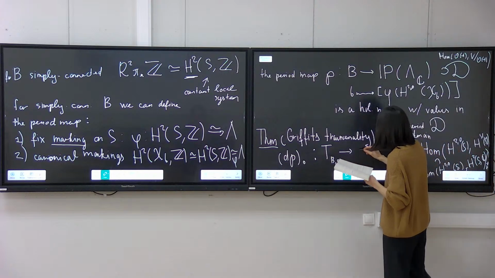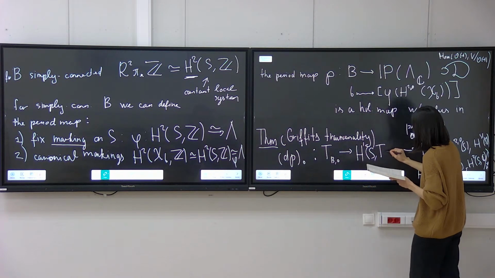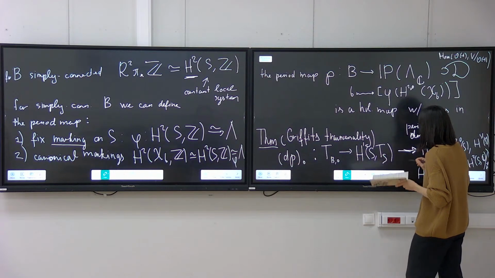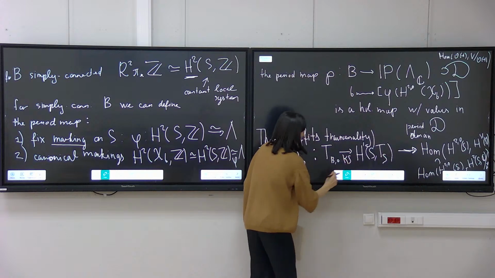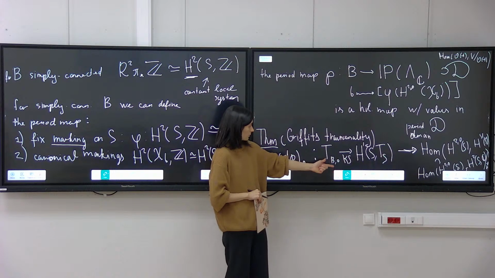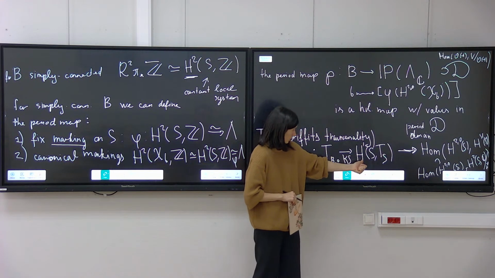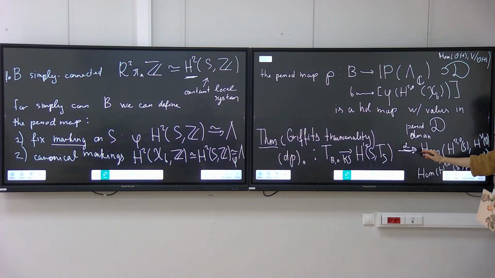So what does Griffiths transversality tell you? That the corresponding map factors through the following composition. So here is a Kodaira-Spencer map, okay? We discussed the Kodaira-Spencer map. Griffiths transversality tells you that first we should take the Kodaira-Spencer map. Here I will explain in a minute what this map is.